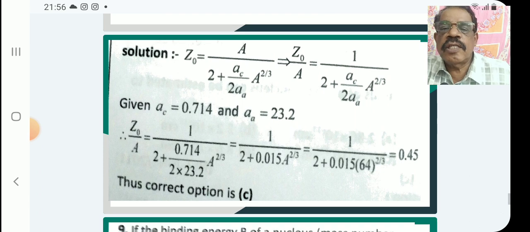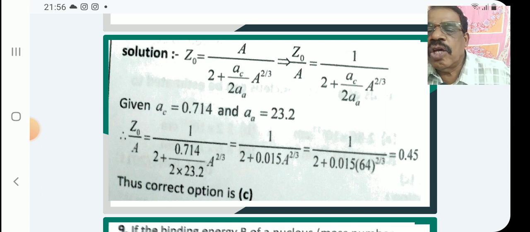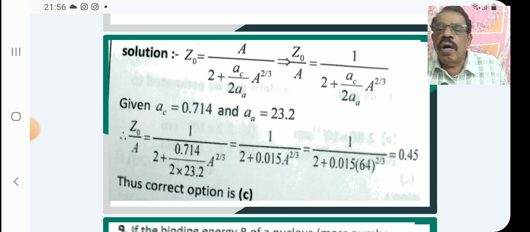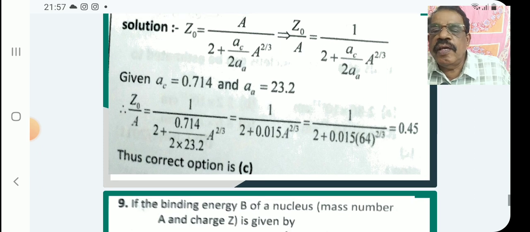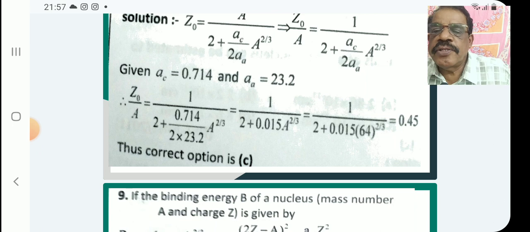So the Weizsäcker's formula we have written, the values of Coulomb and asymmetric terms are given. Substitute the values and find Z by A. We get 0.45. There is a partial calculation and the answer is C.